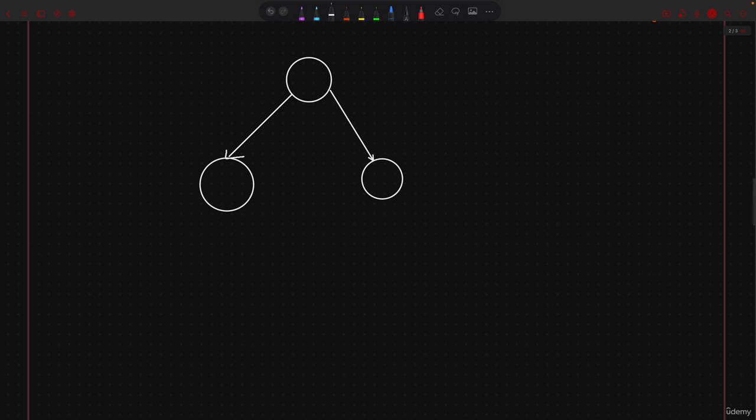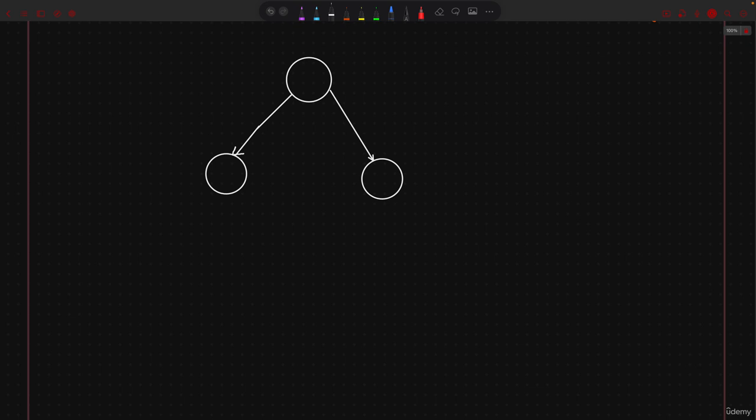What I'm effectively saying is that we can have these nodes, and each and every node can then internally have a subtree under it, right?